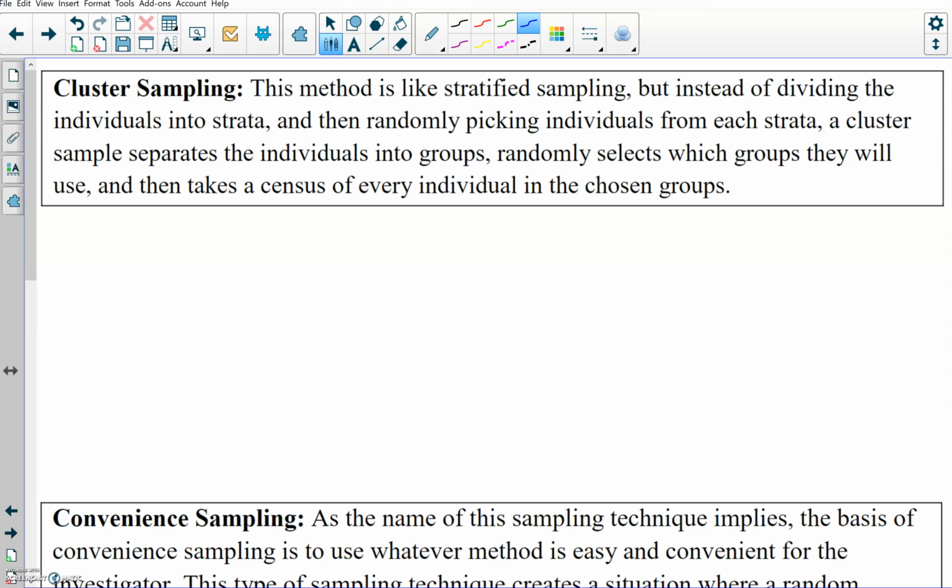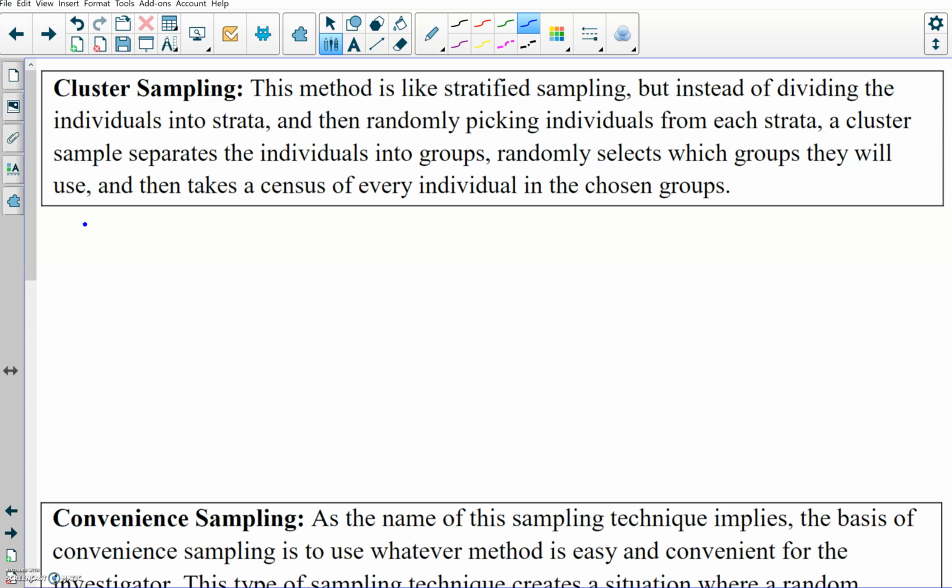So whereas strata breaks it into smaller groups, takes a little from each, cluster breaks it down into groups and then takes all from a few of the groups, not all the groups. So that's the big difference with cluster, is you're only taking a few of the groups and you're taking everything.